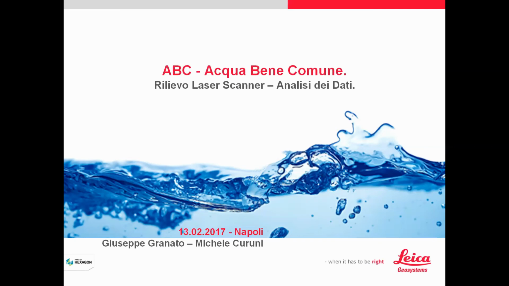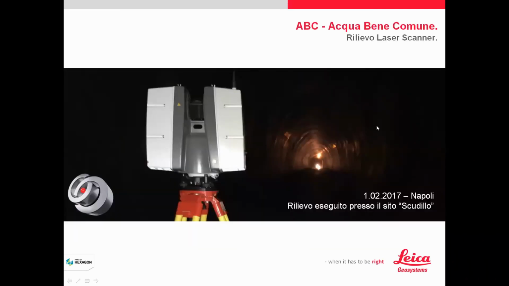ABC is the water company of Naples, and they have a big problem because this is one of the 8 depots that they have underground under a big hill outside Naples, and they are very, very big and impressive because they contain a lot of liters of water, and are very, very old, because I repeat to you, probably it is the first water depot built in Italy.